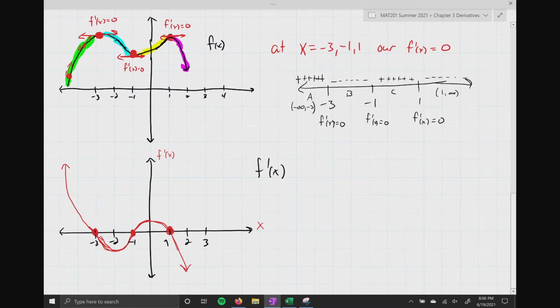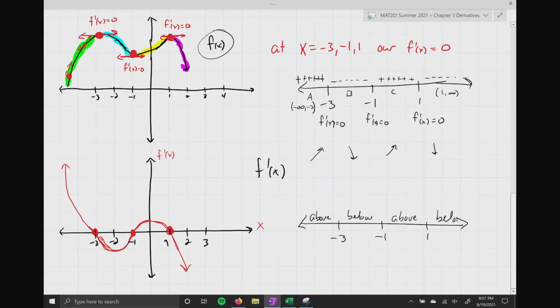And as you can see, this goes up, down, up, and then back down, which is exactly what f of x does. And then down below on the graph of your derivative, it's above, below, above, and below, and I'm going to go ahead and just circle it as I go.